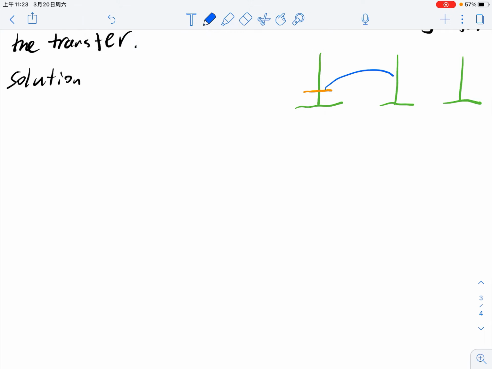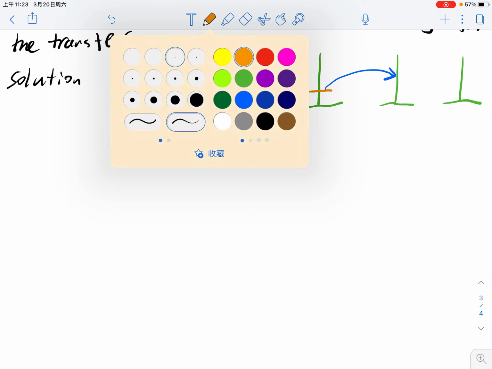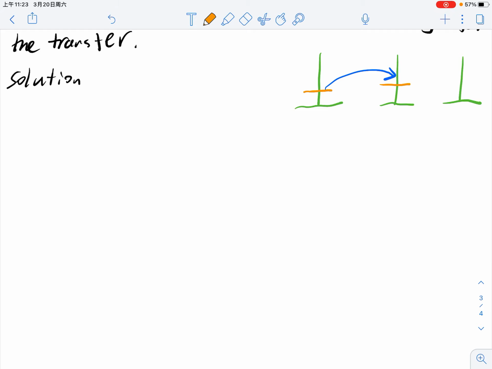You just move this one to the new place. For convenience, H0 is 0. If you have one disc, then you only need one move to transfer it.